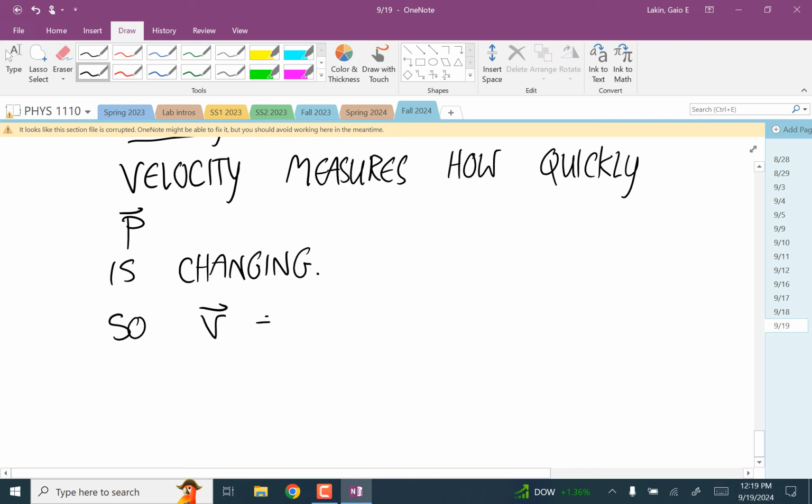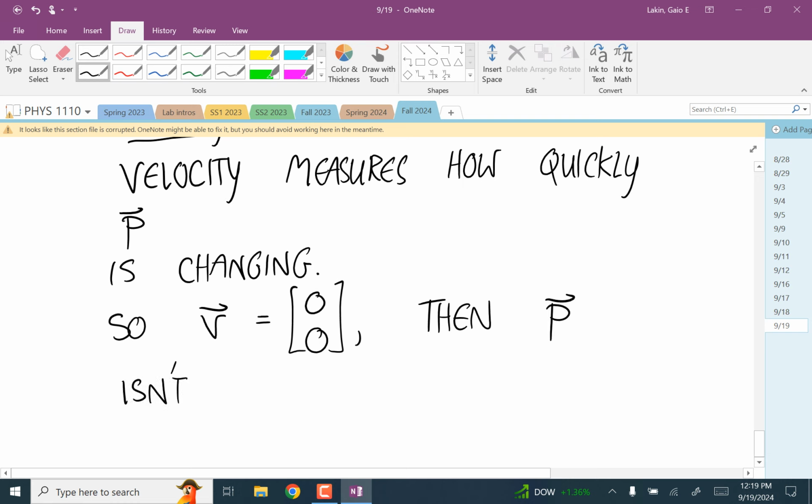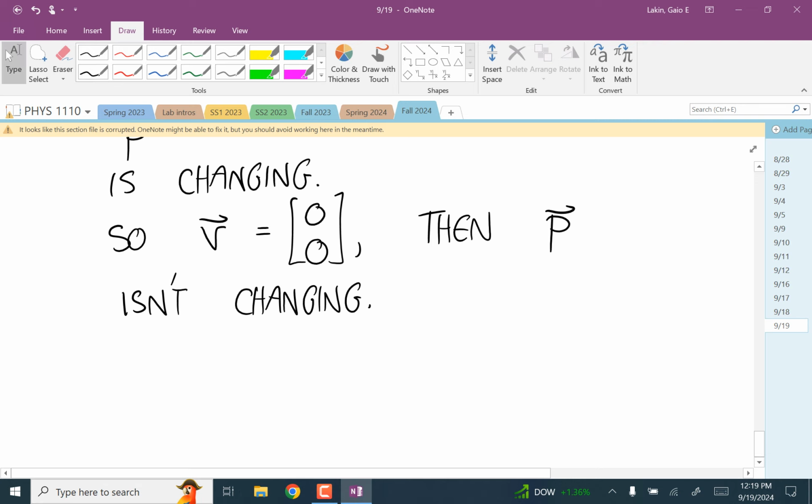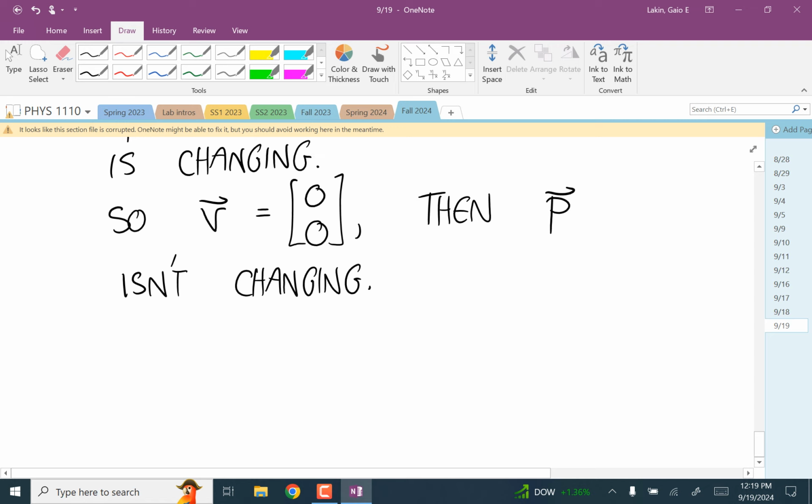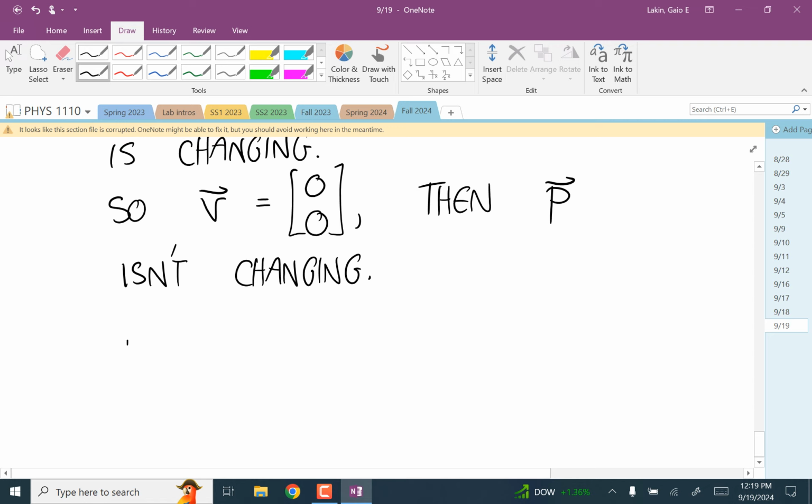So if you have a velocity vector of 0, 0, then the object's just staying in the same spot. And that means that the position vector isn't changing.